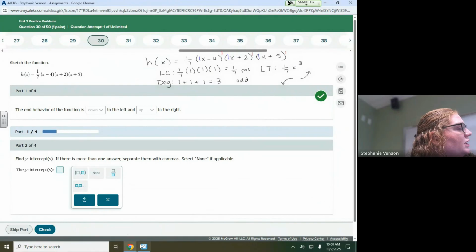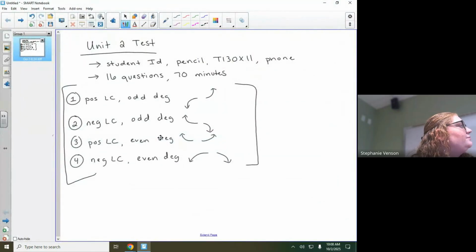And then if it's in standard form, you take the highest? Yep. And standard just means they multiplied it out. Nothing fancy. So it would just be like a term plus a term plus a term, not multiplied. When all the factors are multiplied, that's factored form. Does that make sense? Yeah.